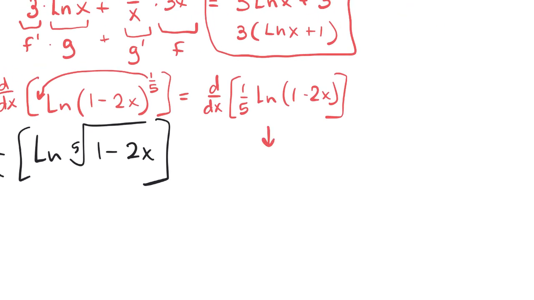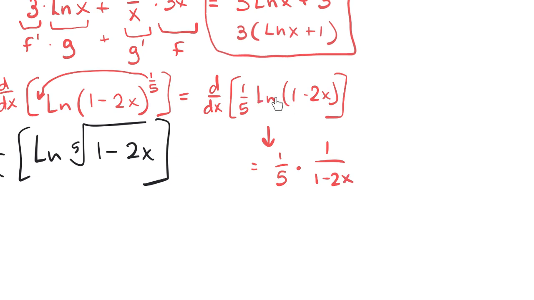So this 1/5 is just a coefficient, so it doesn't really play a part in the differentiation process. We need to differentiate natural log of 1 minus 2x. Now, again, remember, the derivative of natural log of something is 1 over that something. So this is going to be 1/5, and then it's 1 over 1 minus 2x.